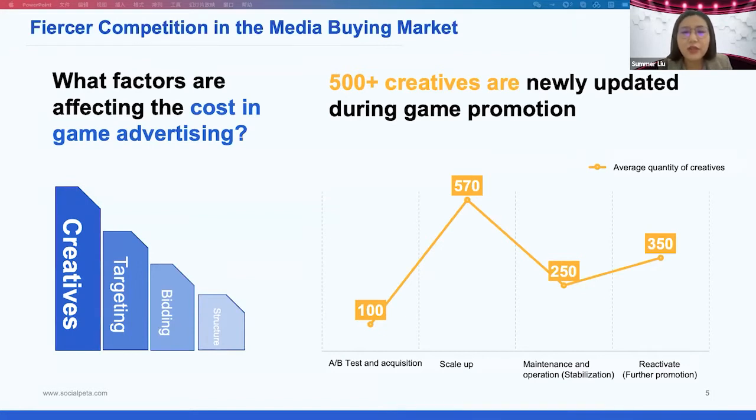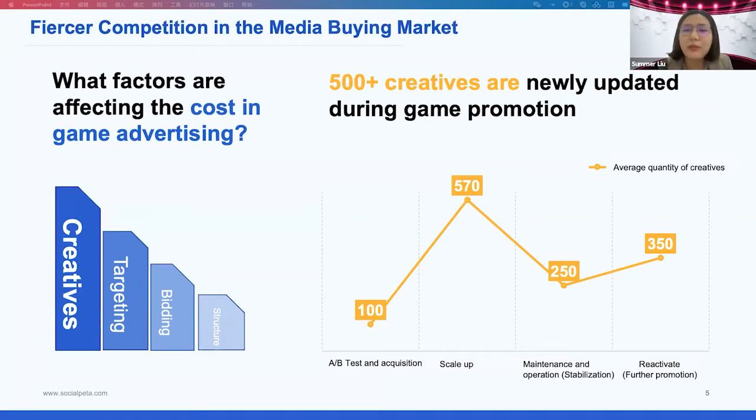The very first one is A/B test, the second one is scale up, and then the maintenance and also the reactivate. In the very first test phase, advertisers need to test creatives in various angles to find the good performance for their games or for the combination between the creatives and the target.